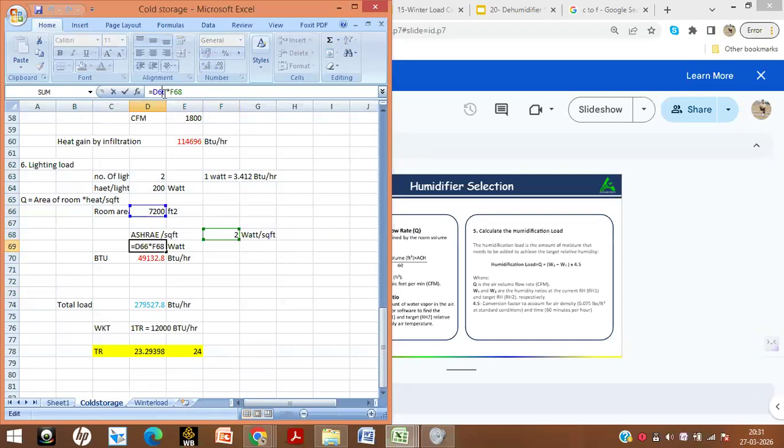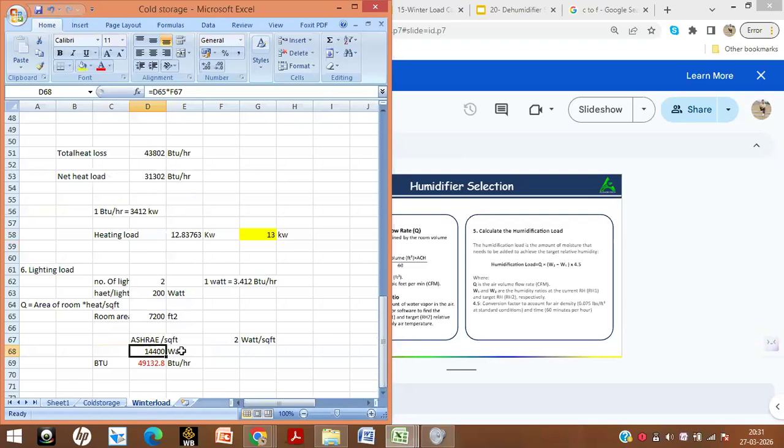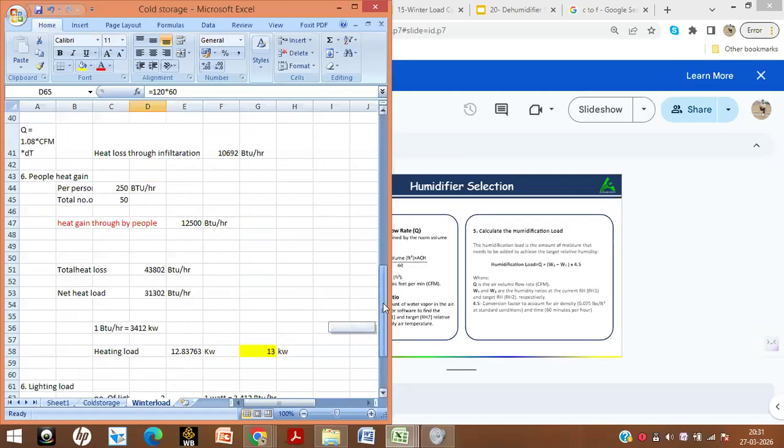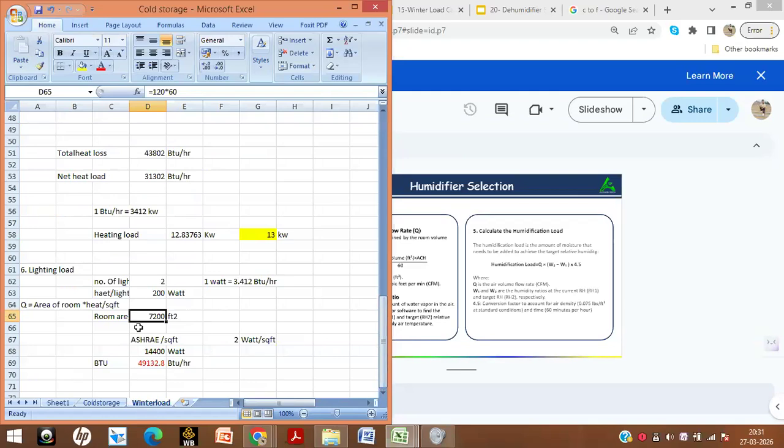So room area times that. Our room area will be a bit different. Room area will be 1500.